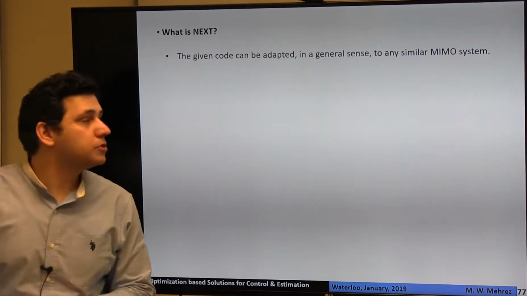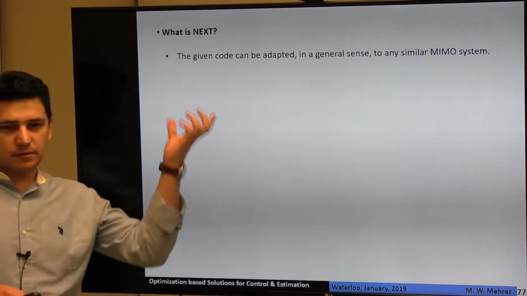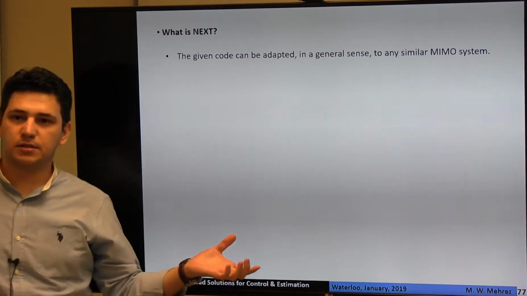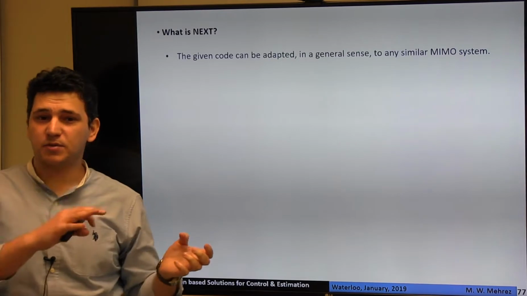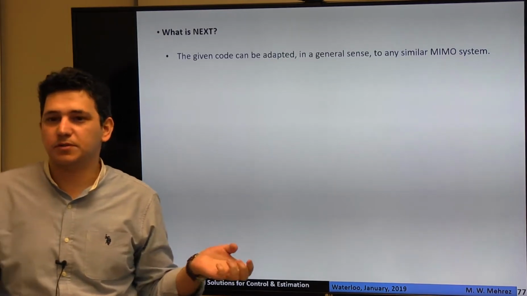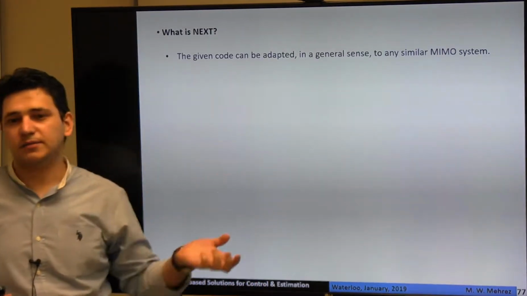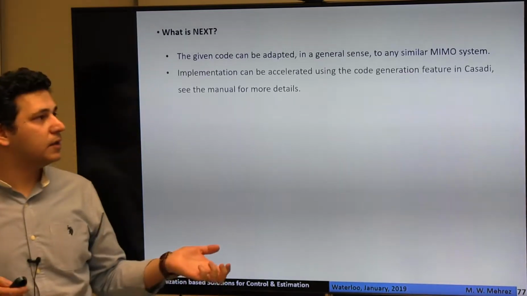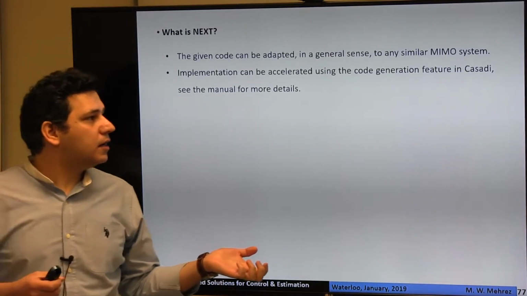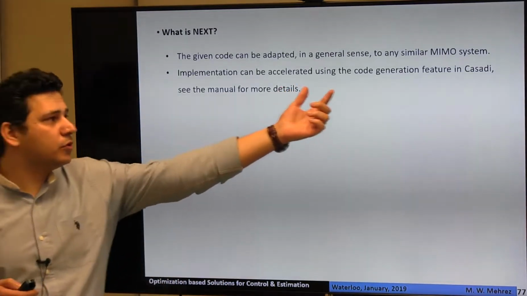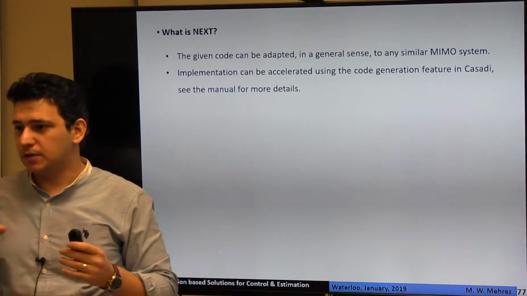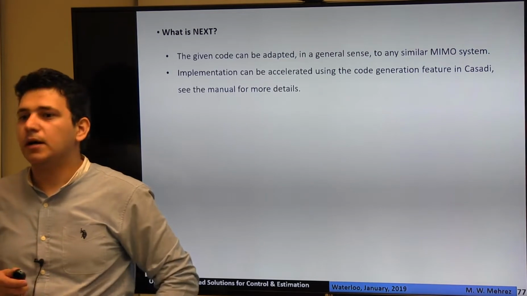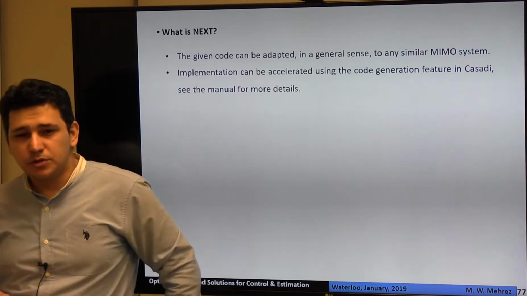Yes, what can you do next? The whole code we discussed in this lecture will be given to you, so you can, in general, replace the model by your model, something you are interested in working on, and it should work, right? Generally. There's something called the code generation feature in Casadi. After we have our code programmed in Matlab, we can do code generation.